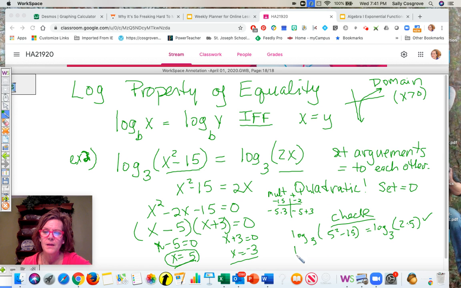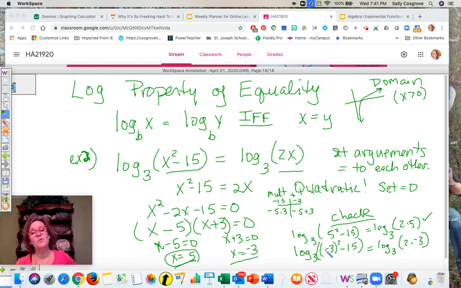Log base 3 of negative 3 squared, that's 9, minus 15. 9 minus 15 is negative 6. Log base 3 of 2 times negative 3 is negative 6.